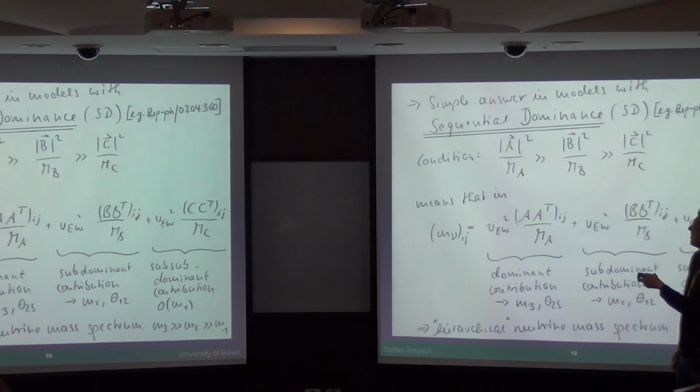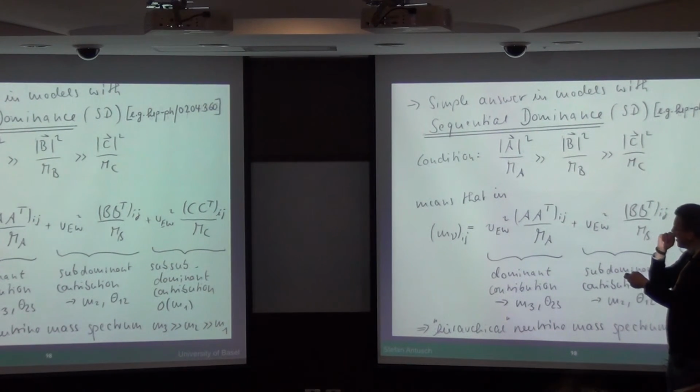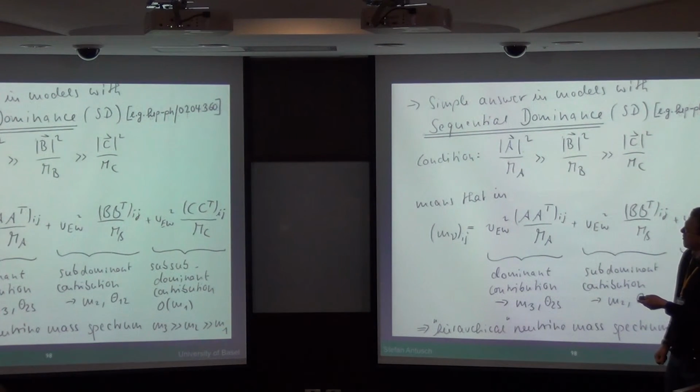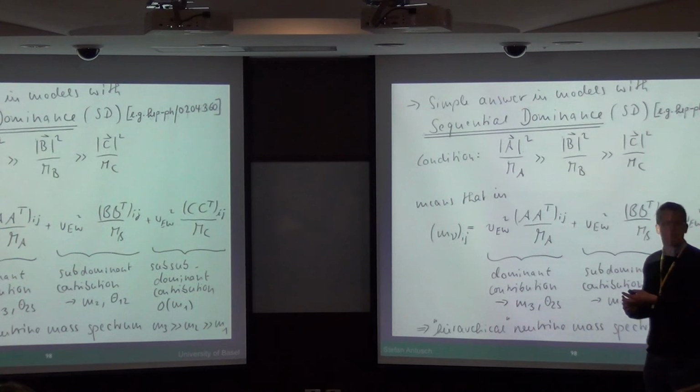So now sequential dominance is the following idea: when I look at the neutrino mass matrix, I have these three contributions which come from the right-handed neutrino A, from the right-handed neutrino B, and from the right-handed neutrino C. And these contributions can be calculated by having this column vector times its transpose, so A A transpose over the mass of the right-handed neutrino A, and the same for B and for C. So this is basically just splitting this up into these three contributions.